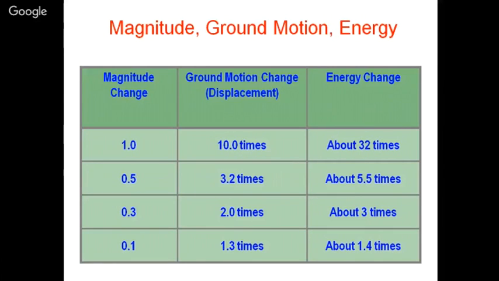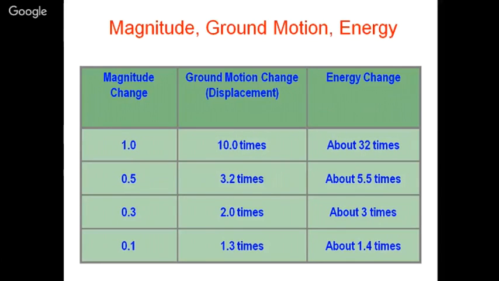So depending upon the magnitude, ground motion and energy variation can be seen. Whatever, if you have a magnitude change of 0.1, 1.3 times is the ground motion change, that is the displacement, and about 1.4 times is the energy change.